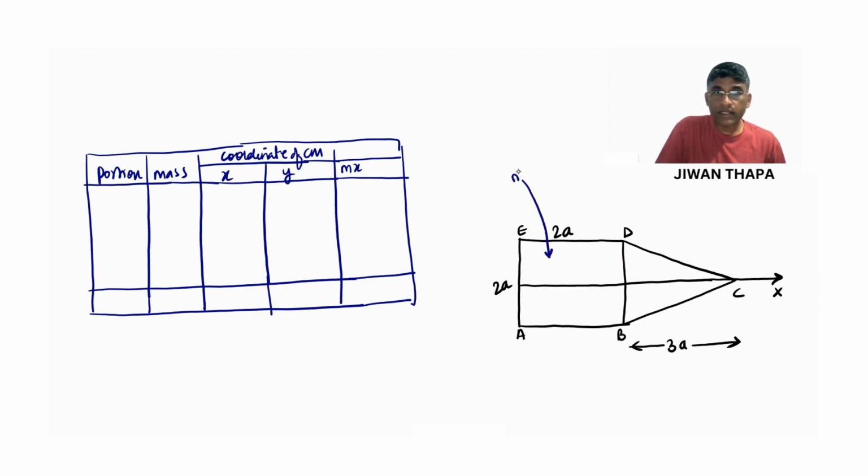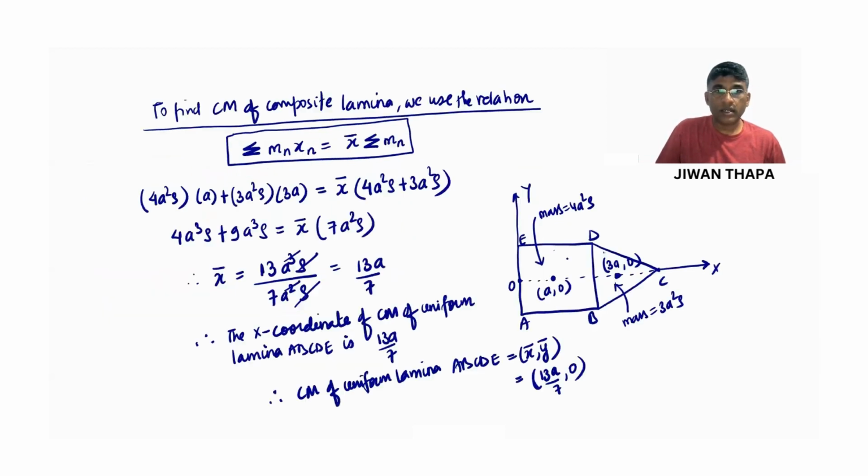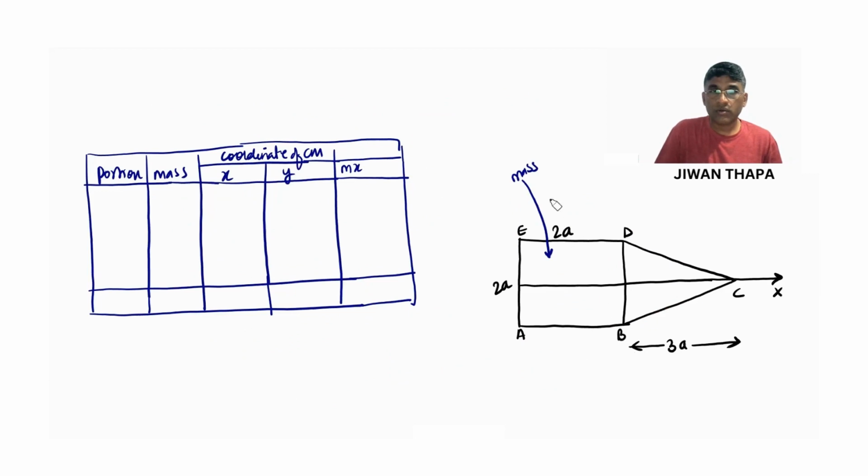We have calculated the mass of the square lamina as 4A square rho, and its center of mass is at A, comma 0.